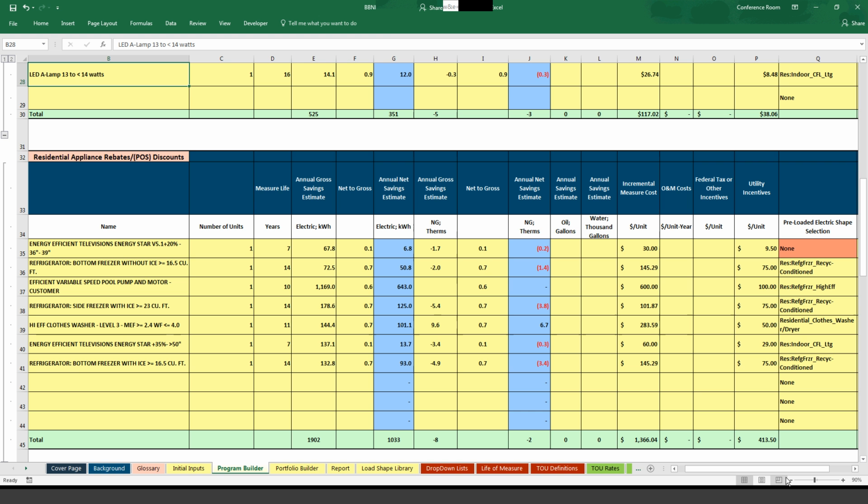You'll notice that we do include interactive effects, that there are some measures out there, particularly on the lighting side, for which you end up with an increase in gas consumption, and so we end up losing some savings up at the portfolio level in some cases. But the costs and the savings that you're seeing there are pretty specific to California.